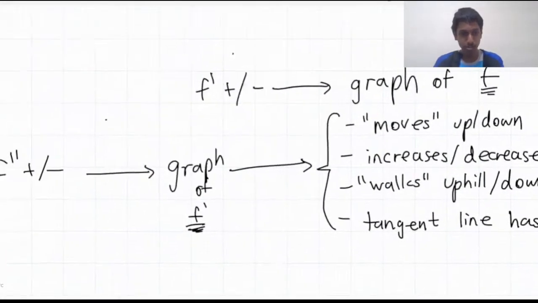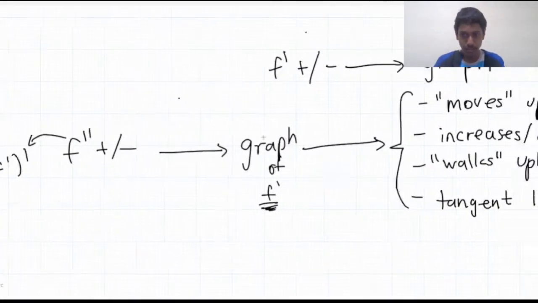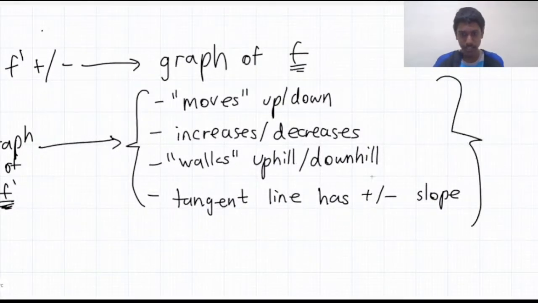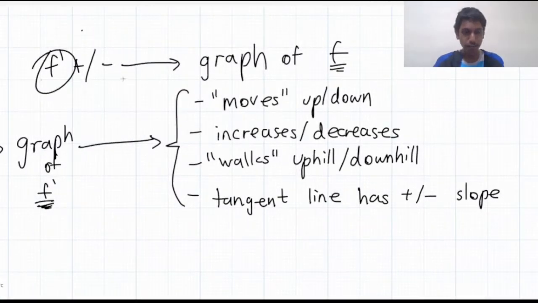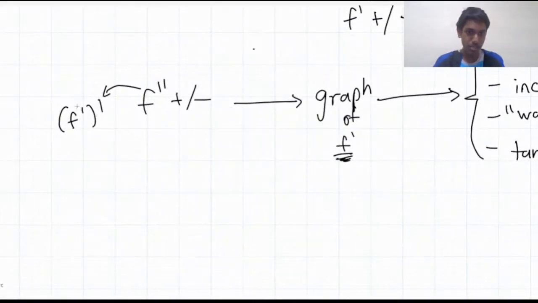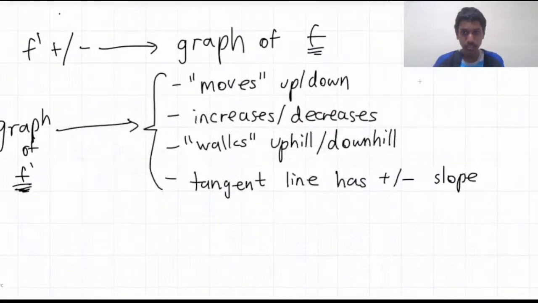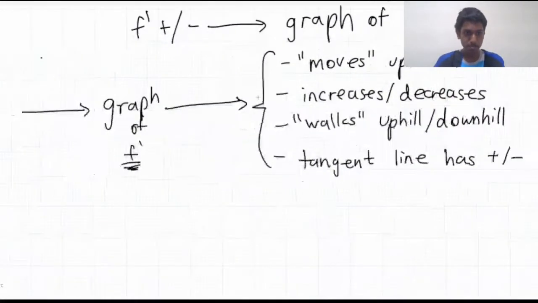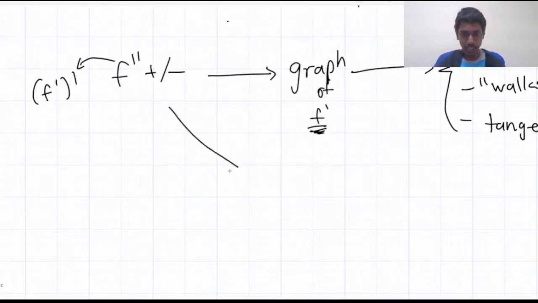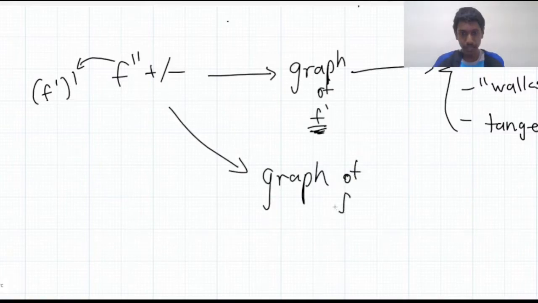In general, a function's derivative tells you all of these things. A function, it could be just f, or it could be some f prime, but either way, a function's derivative gives you all of this information.